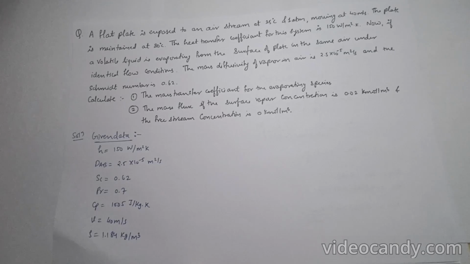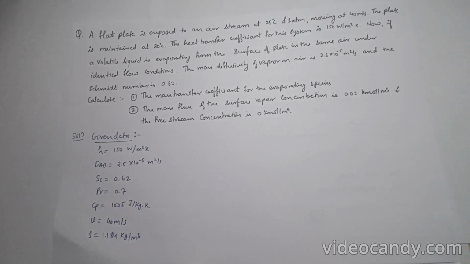So what's happening in this question is a flat plate is exposed to an air stream. The temperature of the air stream is 25 degrees Celsius at 1 atmospheric pressure, and the bulk velocity of the stream is 40 meters per second. The temperature of the plate is given as 80 degrees Celsius, and the heat transfer coefficient for the system is given as 150 watt per meter square Kelvin.